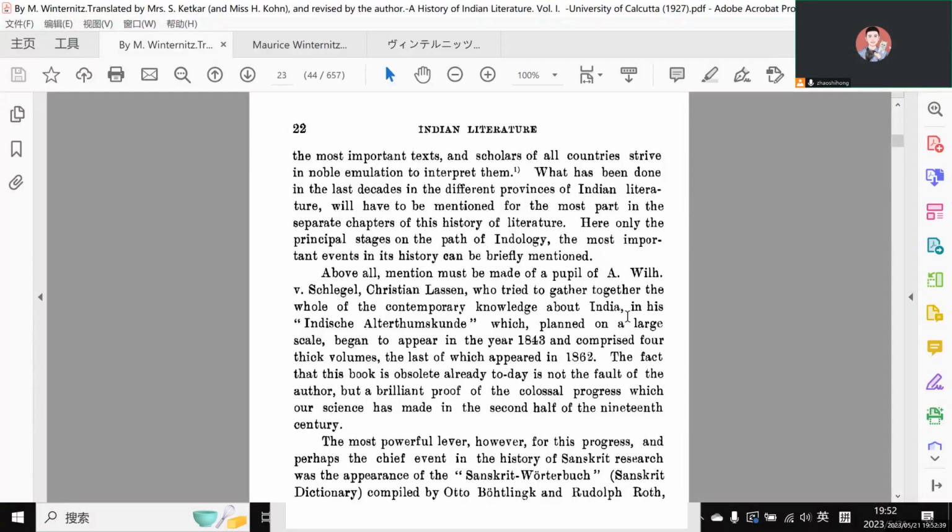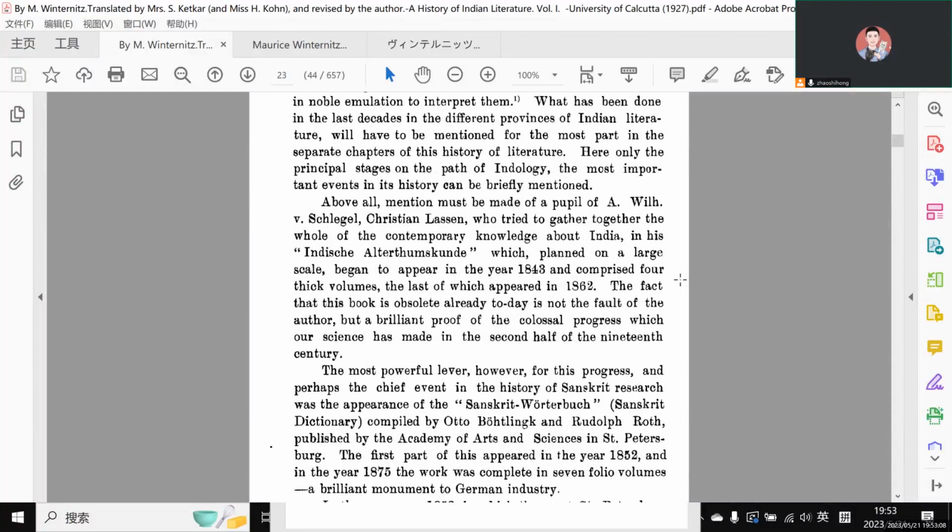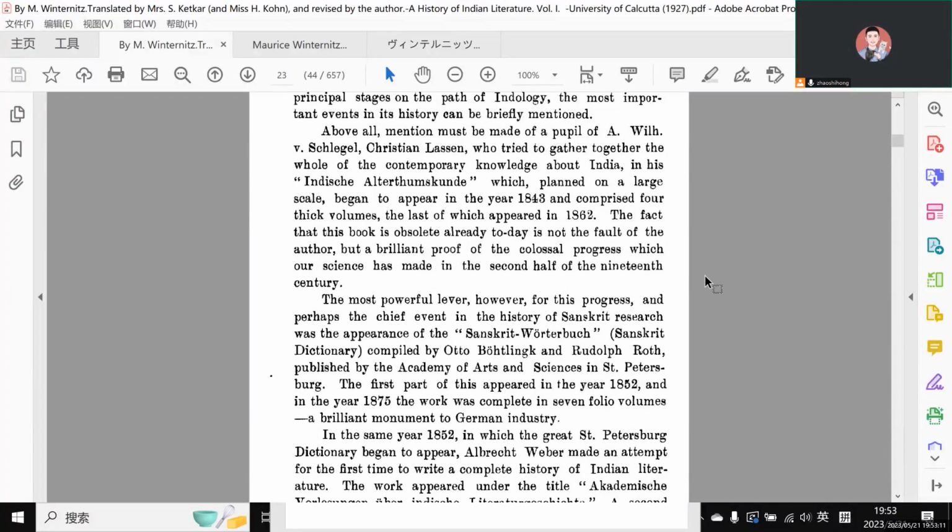But the thing is, at that time, people in the world did not have much knowledge regarding India, so it was very convenient for them to get the original, primary material and easily achieve results. It's not like today.